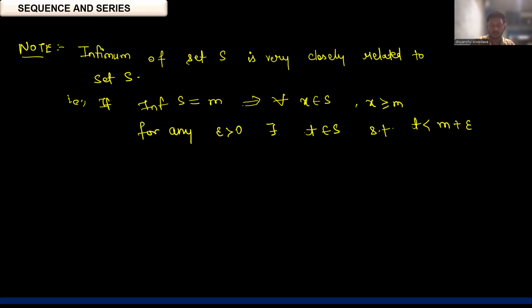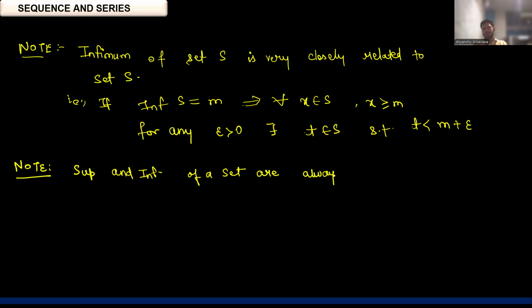Now I have some more notes about this. Not only the infimum, both are combined here, the supremum and infimum. So the supremum and infimum of a set are always unique. Always unique.